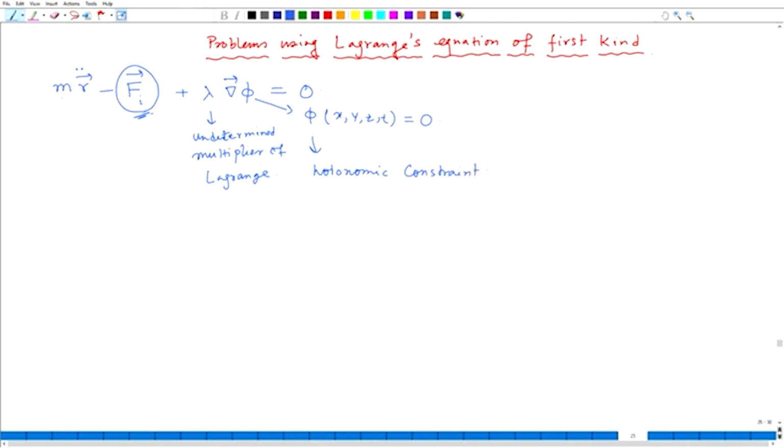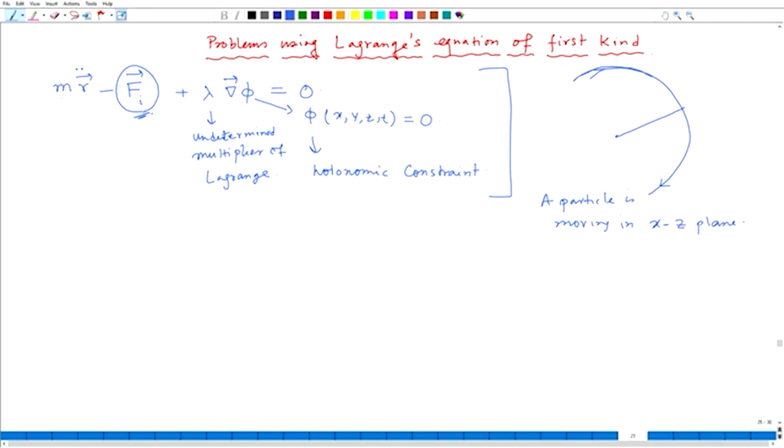So, we can start with a very simple case where a particle is moving in a circular orbit. Our approach will be to identify the constraint. Let us say the particle is moving in the xz plane.